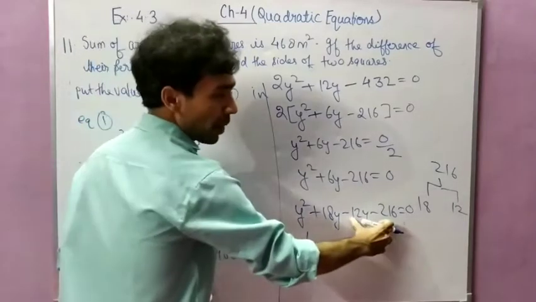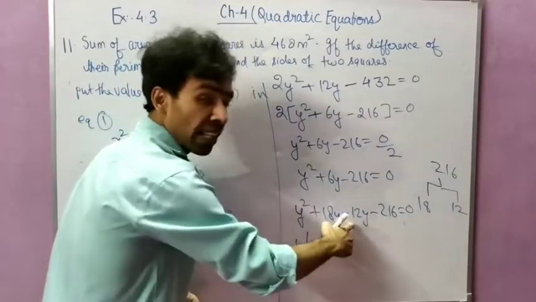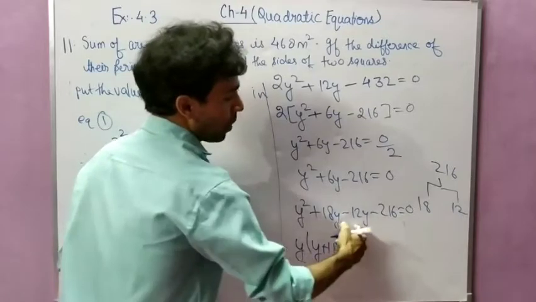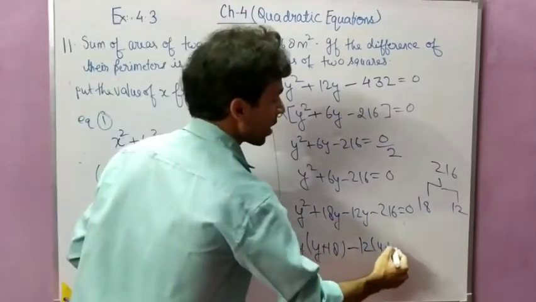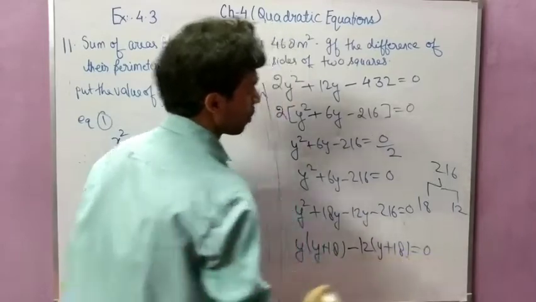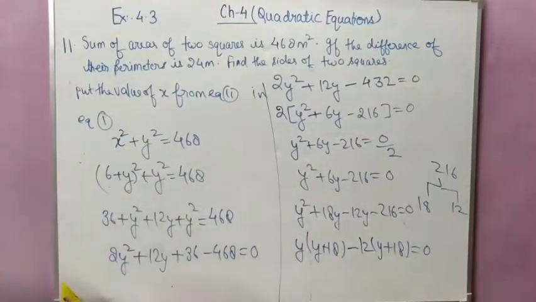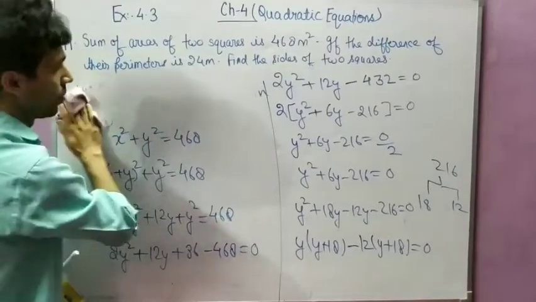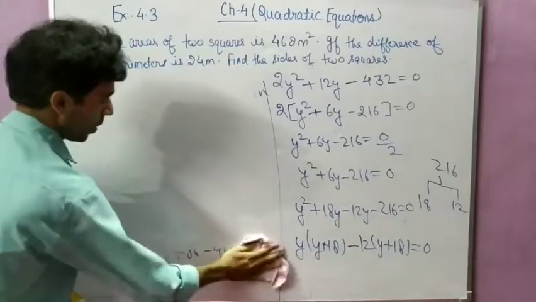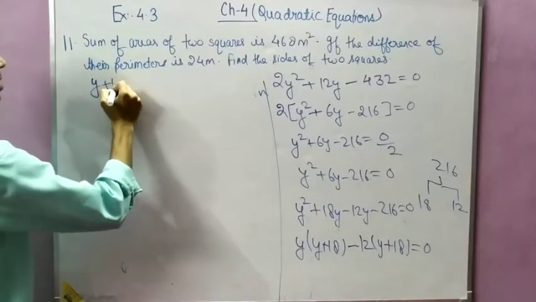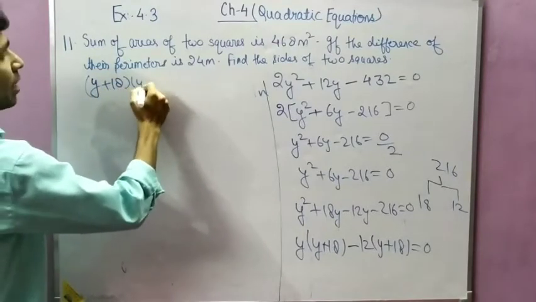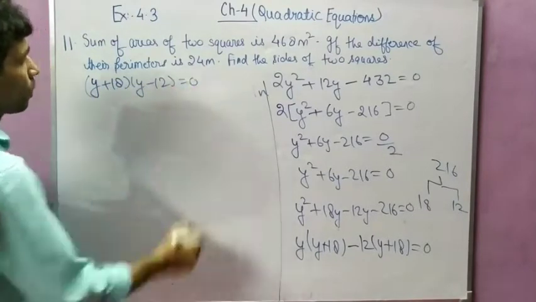Now from the second pair I will take minus, because the first sign is negative, and between these two 12 will come common. So y plus 18. Now what will we get? y plus 18 and y minus 12 equal to 0.